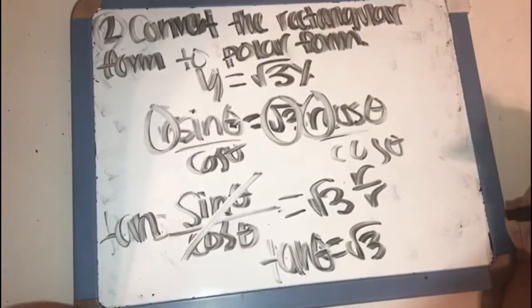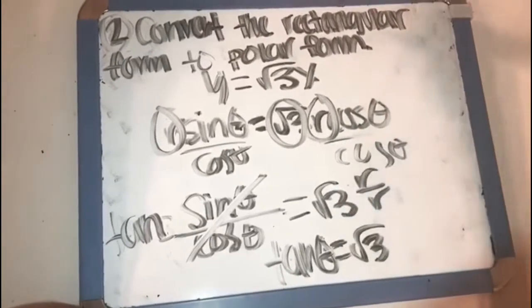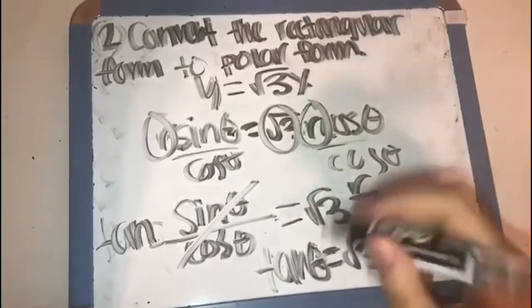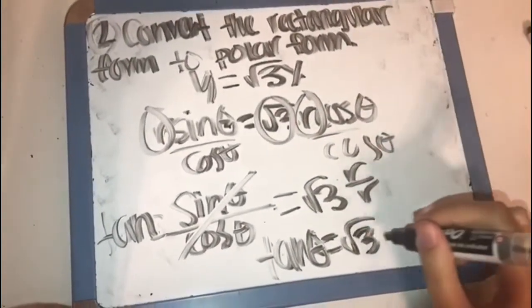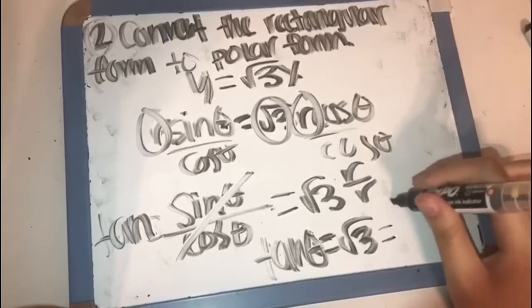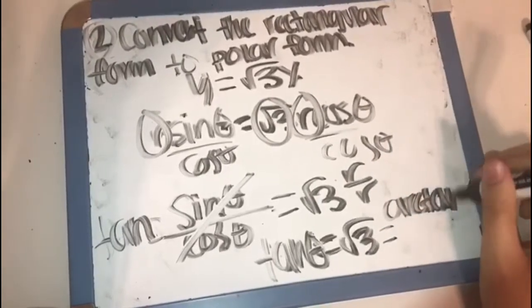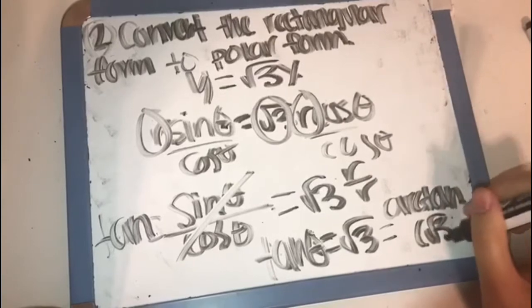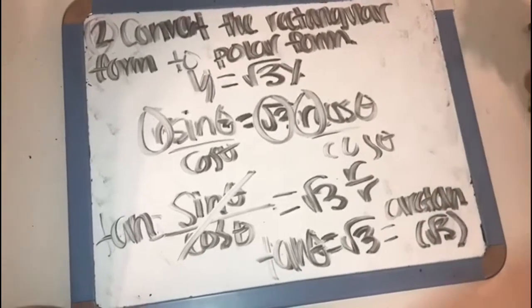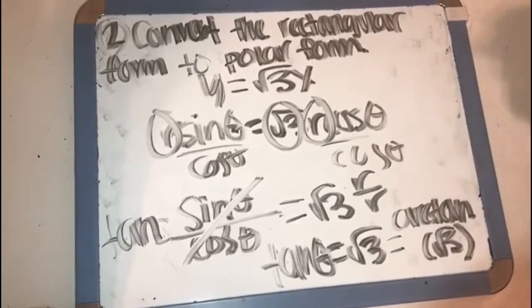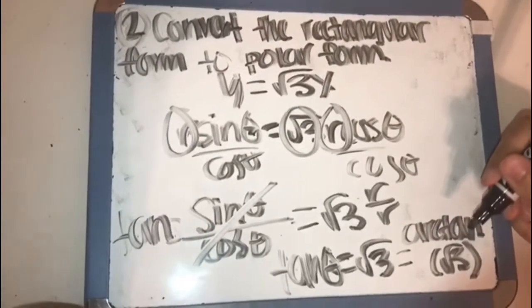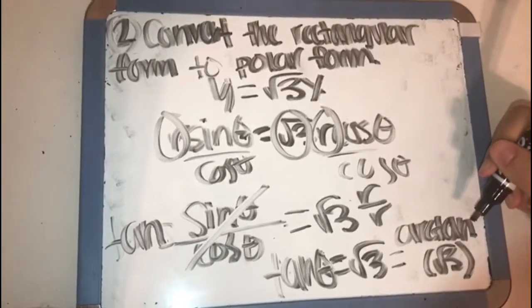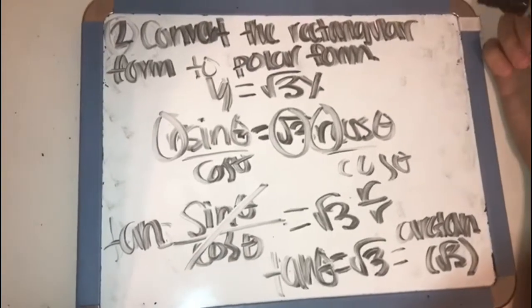And now, to solve for theta, we have to do the inverse of tangent, which is the arctangent. So we're going to substitute arctangent instead: arctangent of the square root of 3. And if you solve it yourself, pretty sure it would be a pi over 3 kind of answer.